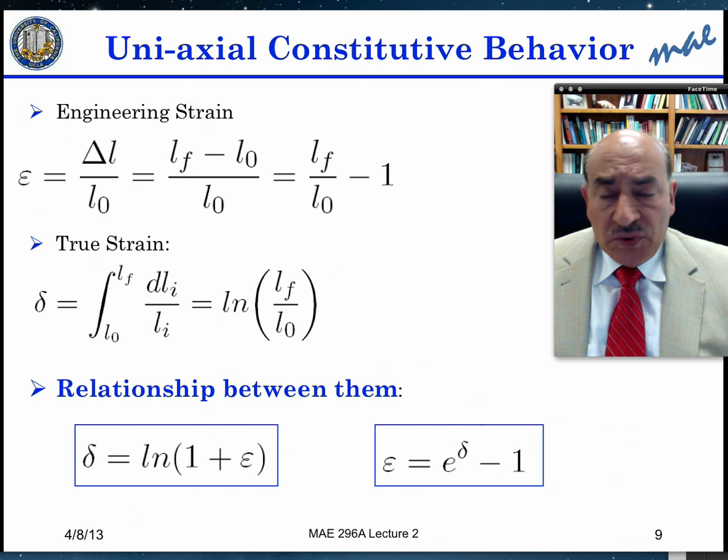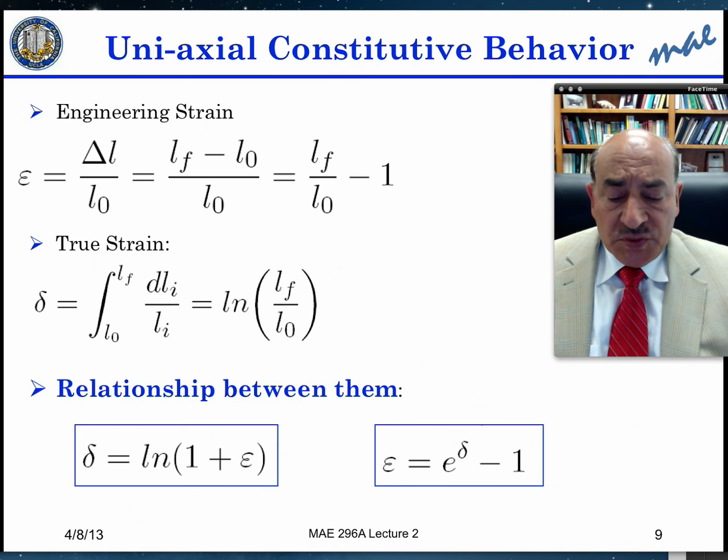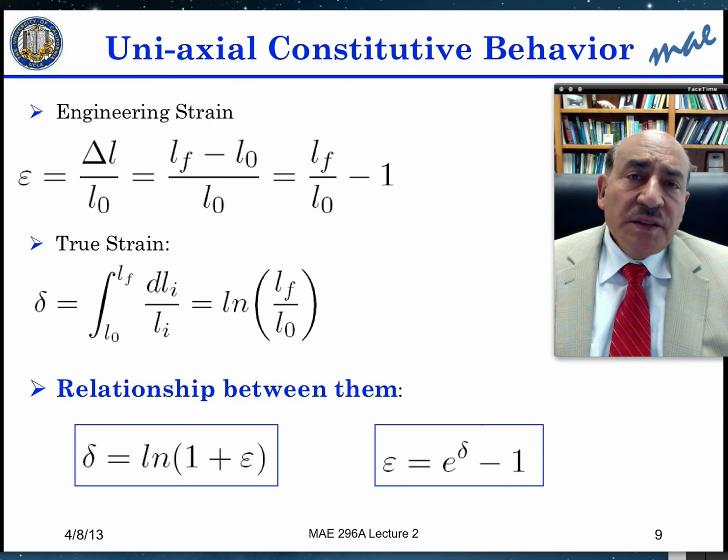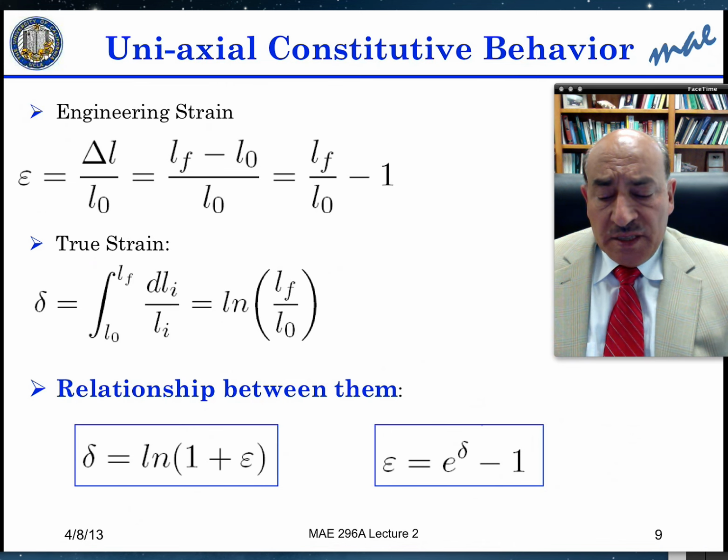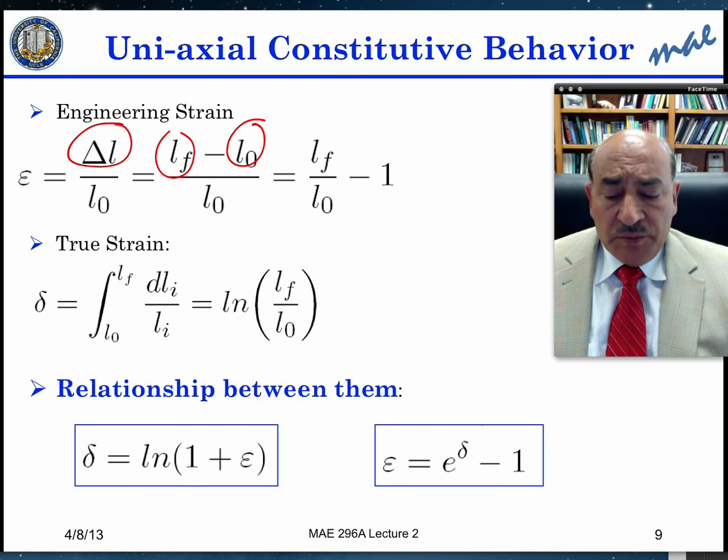So if we now want to make a relationship between the engineering strain and the true strain, all we have to do is write delta L as L final minus L initial and make this division.